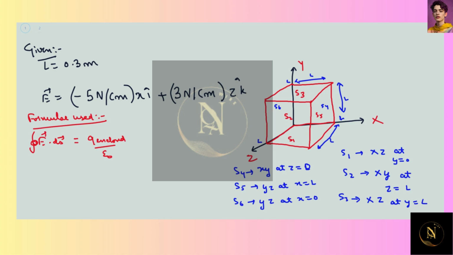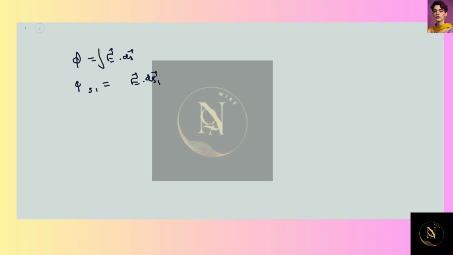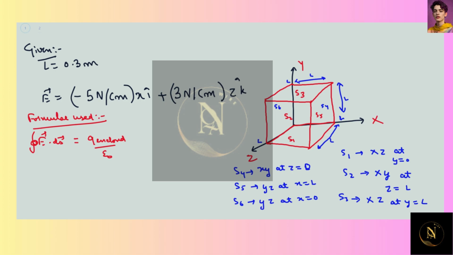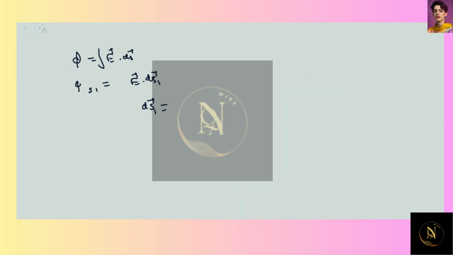We have this electric field and the dS1 vector, which is the area of S1, is dS1 times minus j cap.